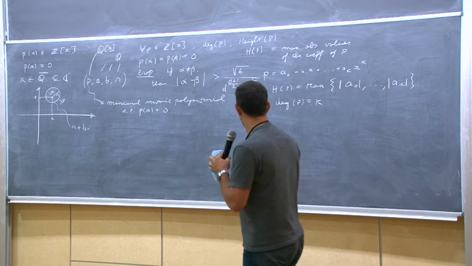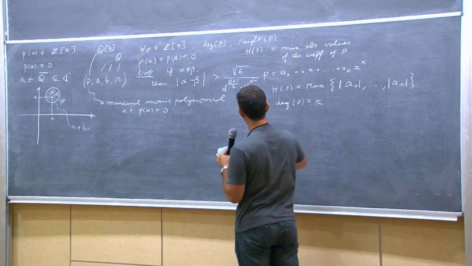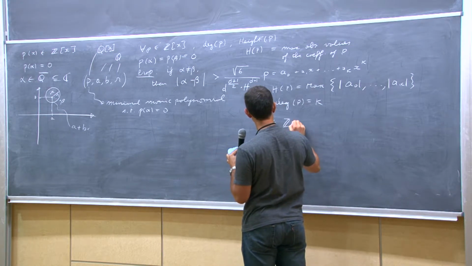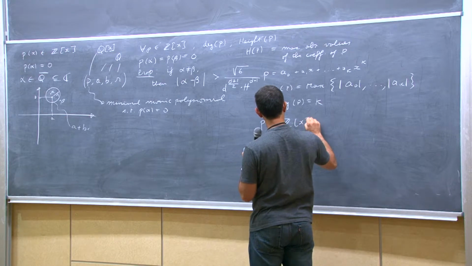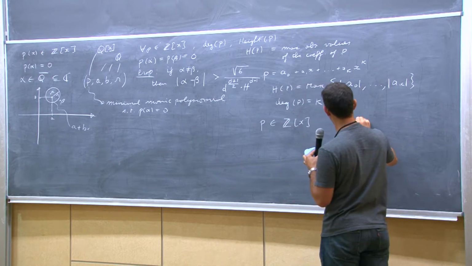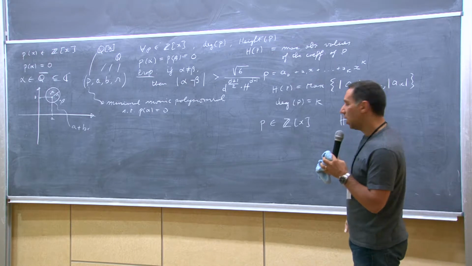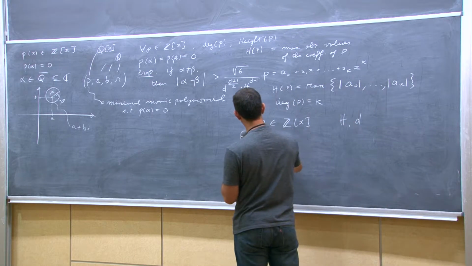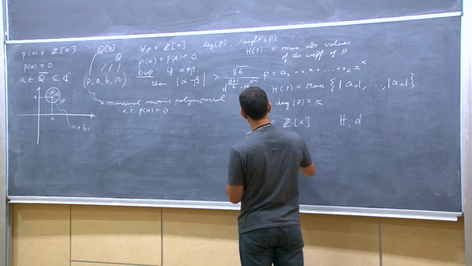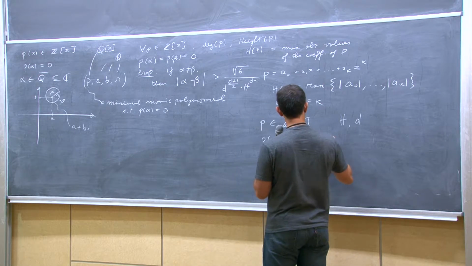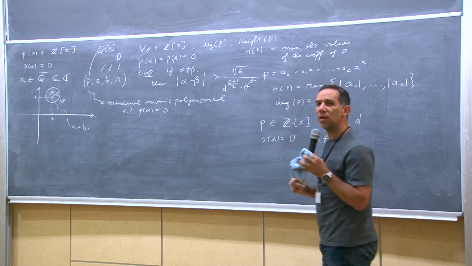So let me just ask you as an exercise. I give you a polynomial p with height h and degree d. Suppose that I tell you that p of alpha is equal to 0 and that alpha is not equal to 0.